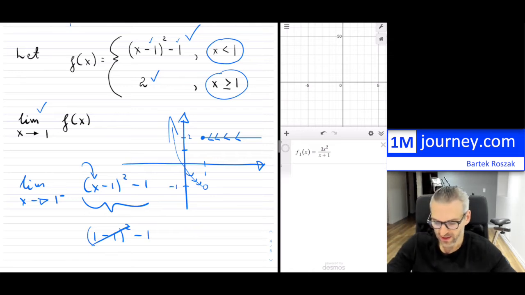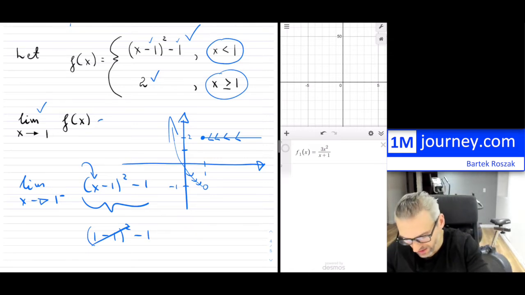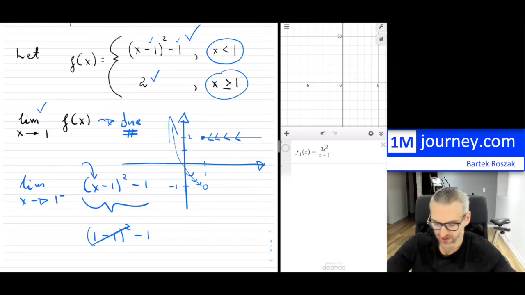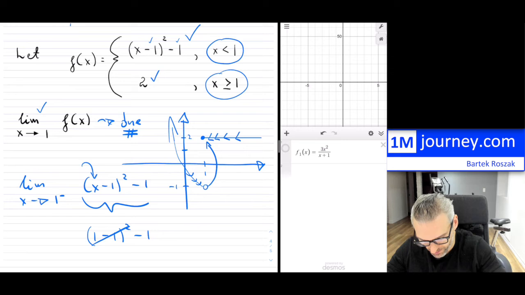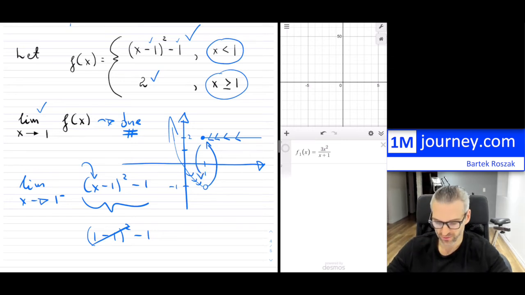So the limits are not equal, so this limit does not exist. The left-hand and right-hand side limits are not equal, and the function would be discontinuous. It looks like a jump discontinuity. So this would have been a jump discontinuity for this one.